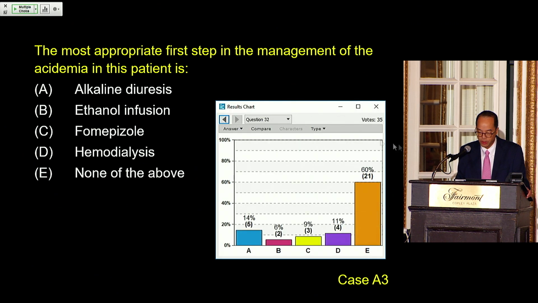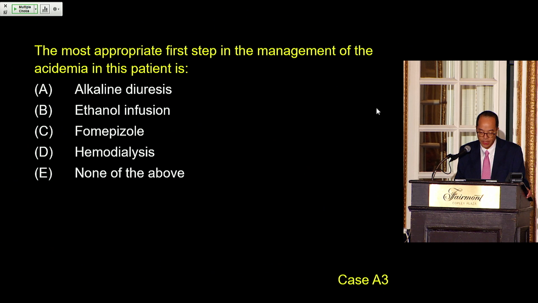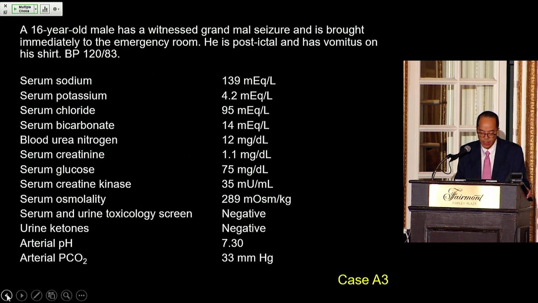Okay, so the majority of you chose E, which is the correct answer. This is a patient that's postictal and most likely has a lactic acidosis, which is transient, very common after seizures, and can be quite severe.